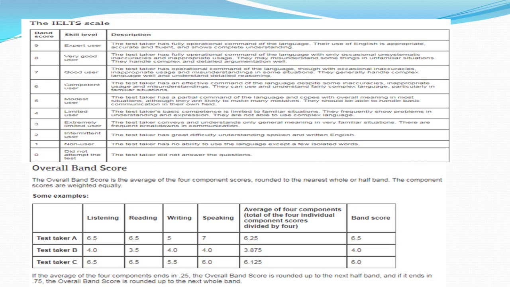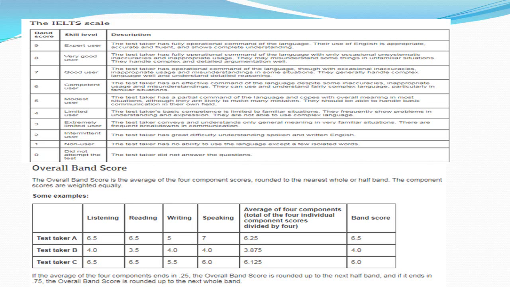If your test score is 6.5 in listening, 6.5 in reading, writing 5, and speaking 7, your average score of the 4 components will be 6.25. If your score ends on .25, the overall band score is rounded up to the next half, so it will be 6.5.